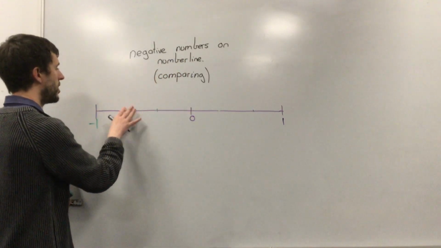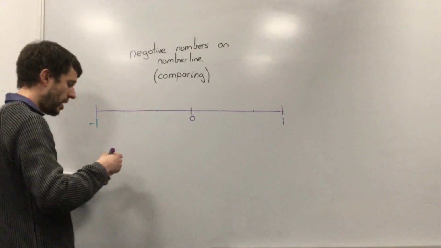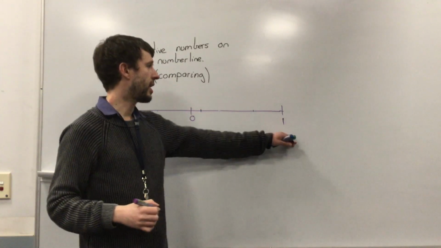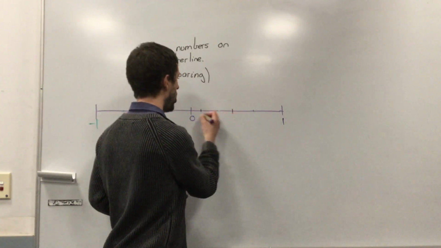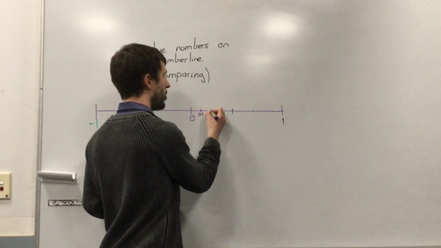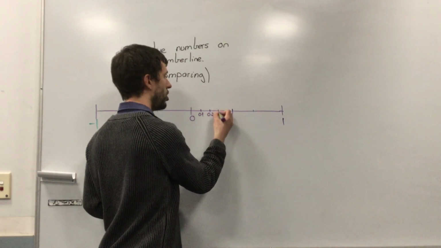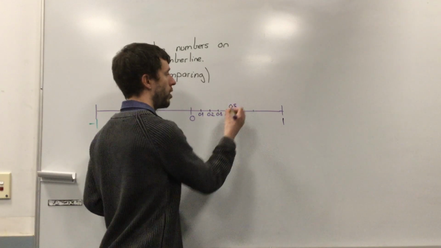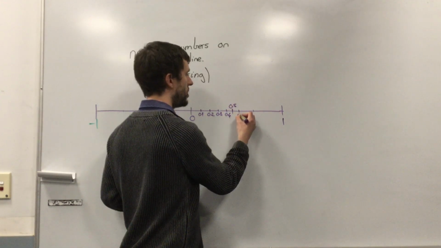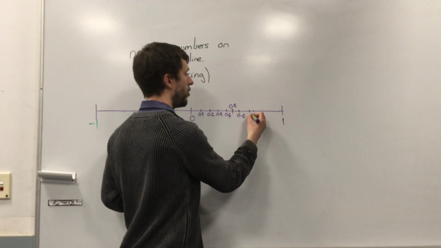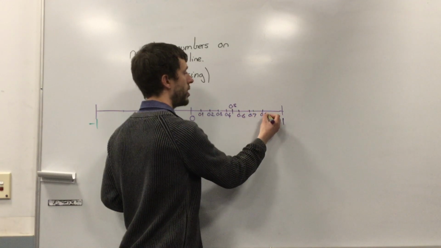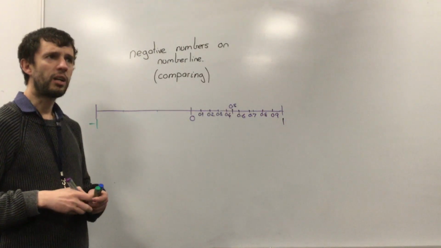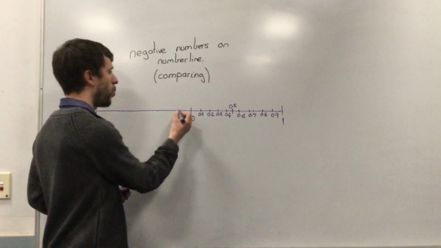The first thing I want us to think about with our number line is we've got our number line cut into 10 pieces. We've got 0.1, 0.2, 0.3, 0.4, 0.5, 0.6, 0.7, 0.8 and 0.9, and then a whole. But it goes back the other way as well.